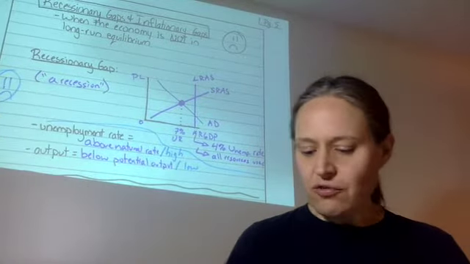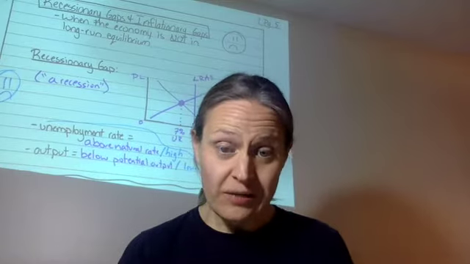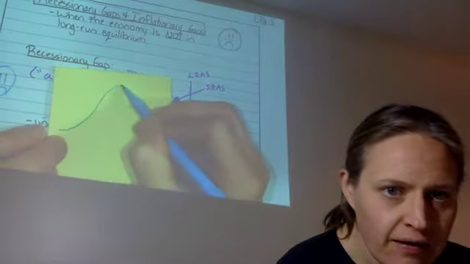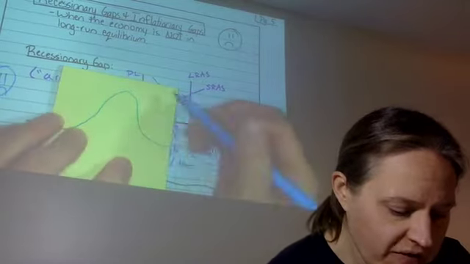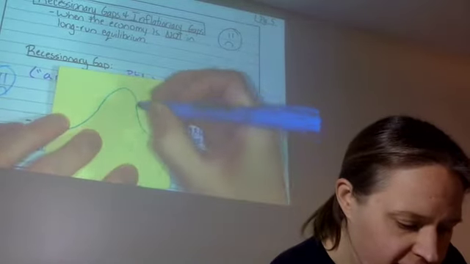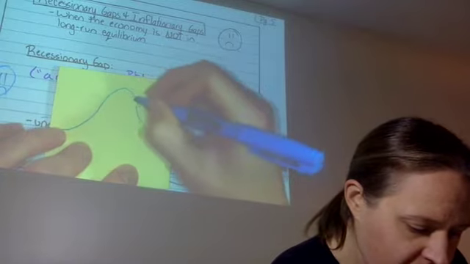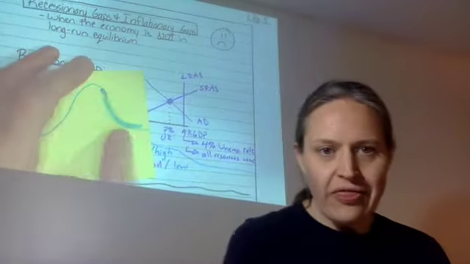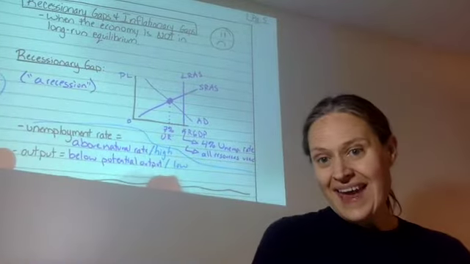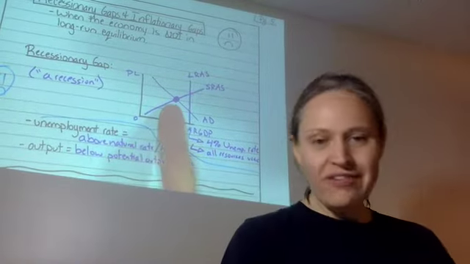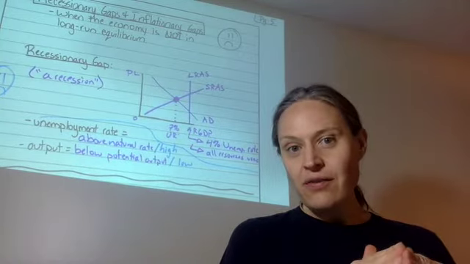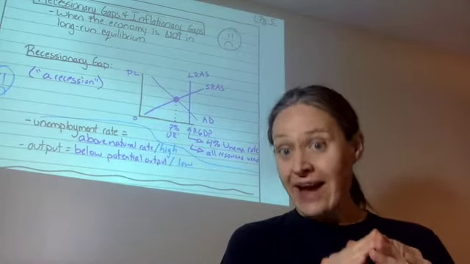So we described before a recession on our business cycle as kind of, here's our business cycle, right? The recession was like this crappy part, right? When it's going down. Well, that crappy part on this ADAS model looks like the short run equilibrium being to the left of the long run aggregate supply curve.